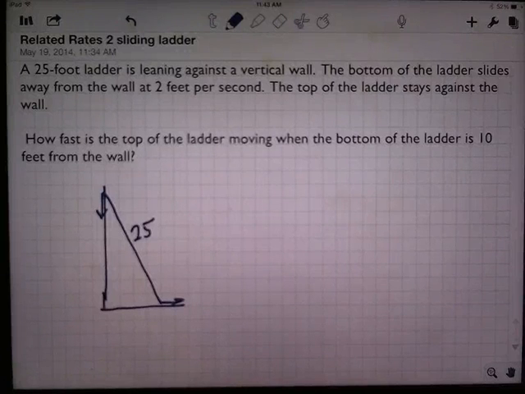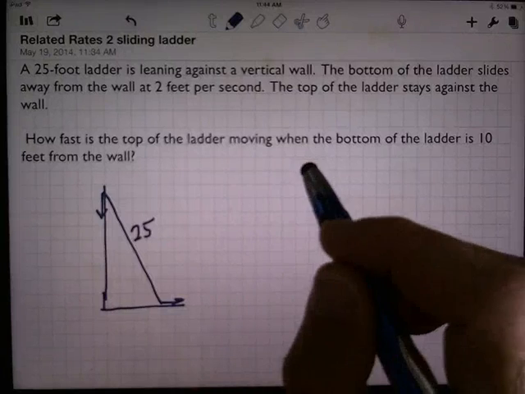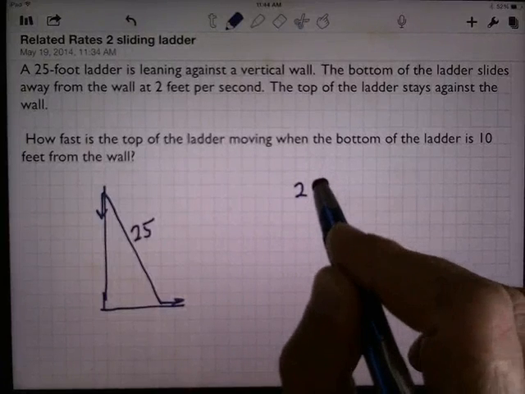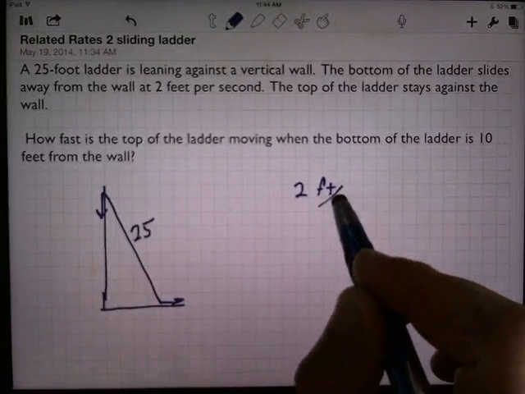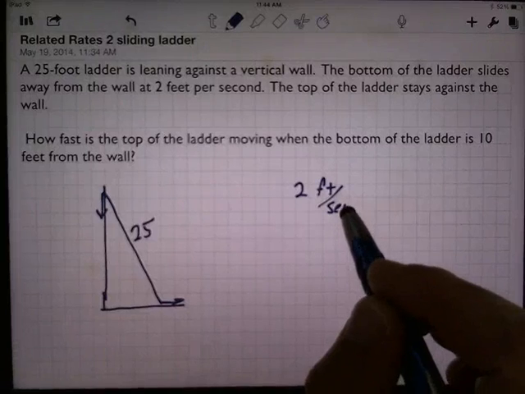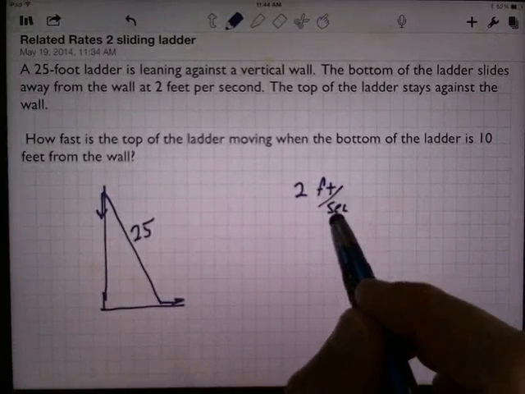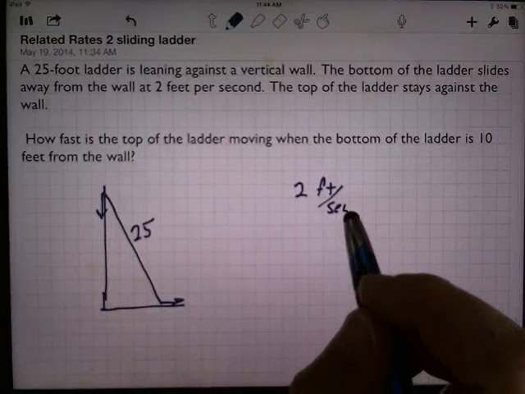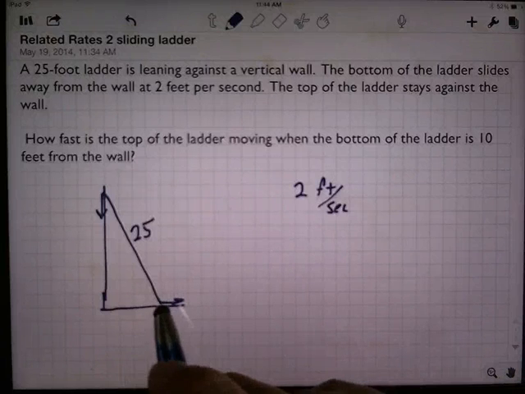Well, I've got a rate of change here, 2 feet per second. I know it's a rate of change because it's a ratio, feet per second. So there's some function measuring feet that is a function of time, where my independent variable is measured in seconds. This is the speed of the bottom of the ladder.